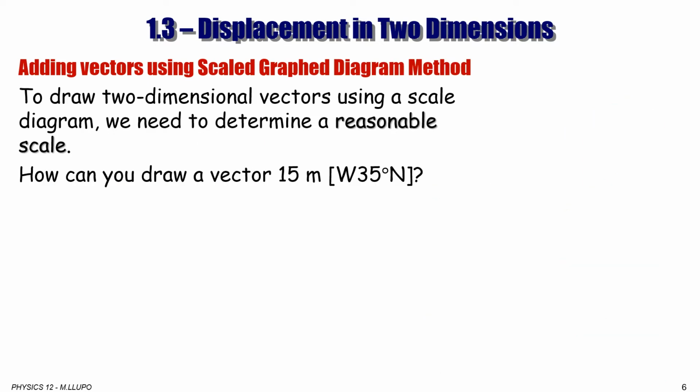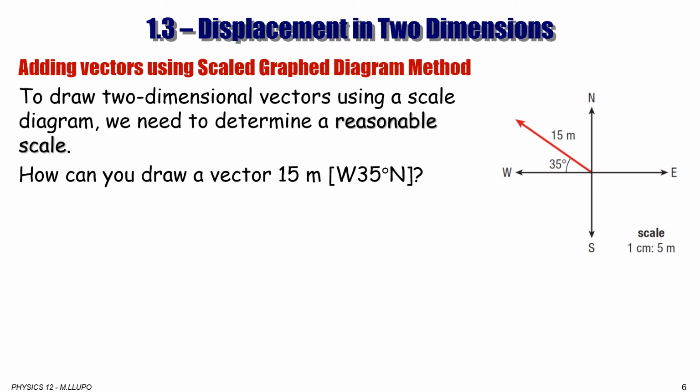To draw a two-dimensional vector using a scale diagram, we need to determine a reasonable scale. For example, if we need to draw a 15-meter vector, you don't have a 15-meter paper to draw it. So you have to decide what would be a reasonable scale to use in order to draw the vector on paper, so that it represents a 15-meter vector.